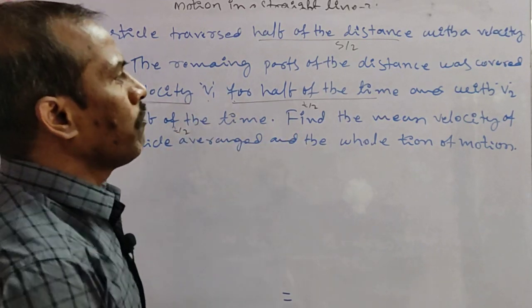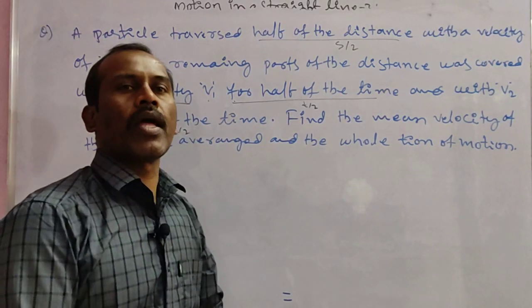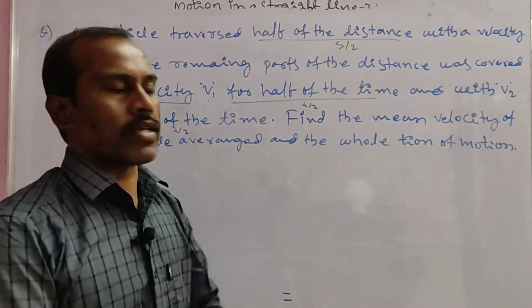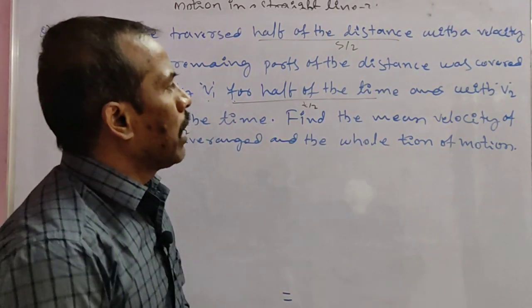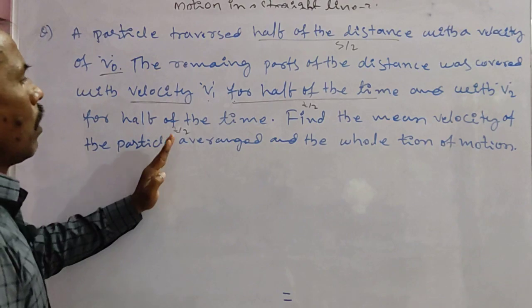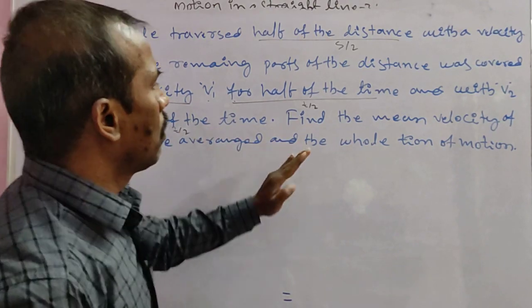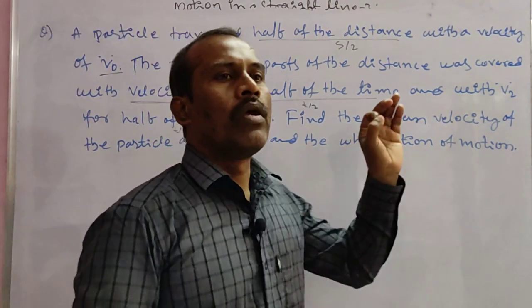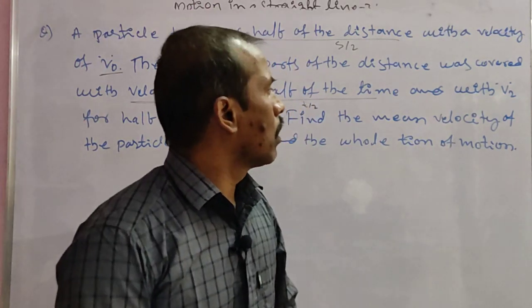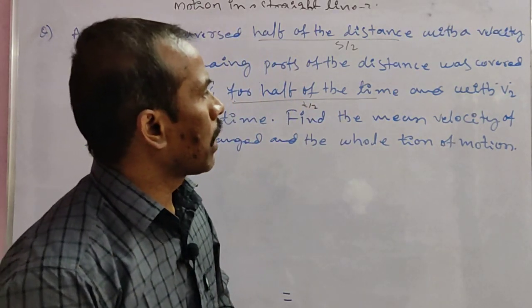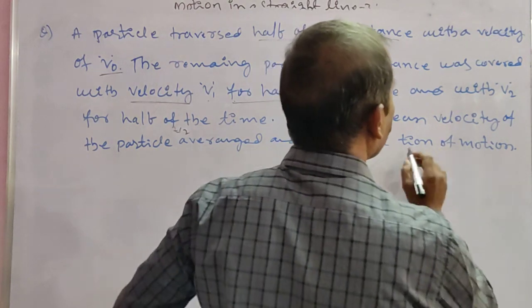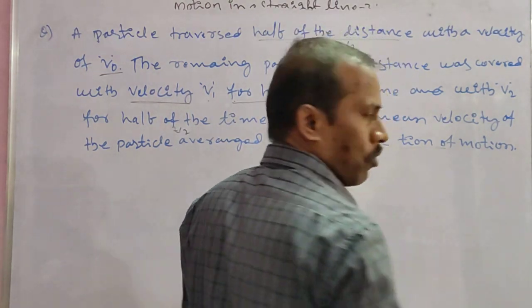Find the mean velocity, nothing but average speed or average velocity, of the particle averaged over the whole time of motion.